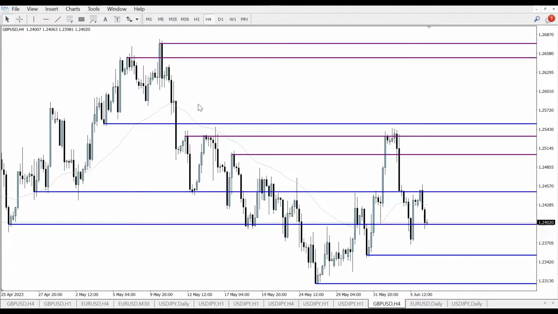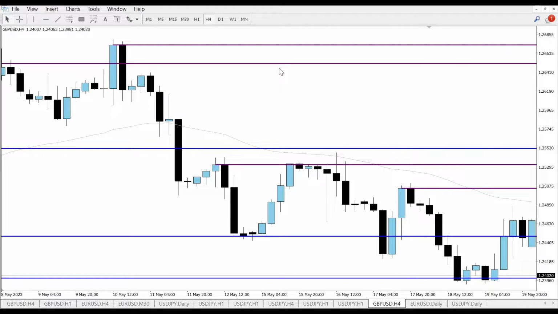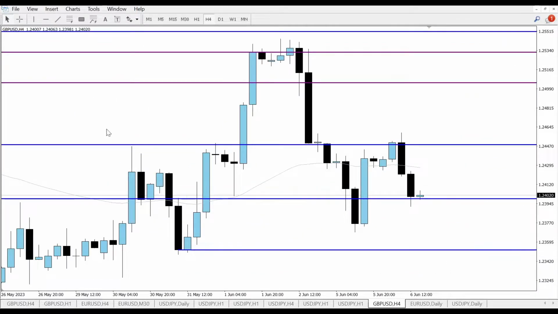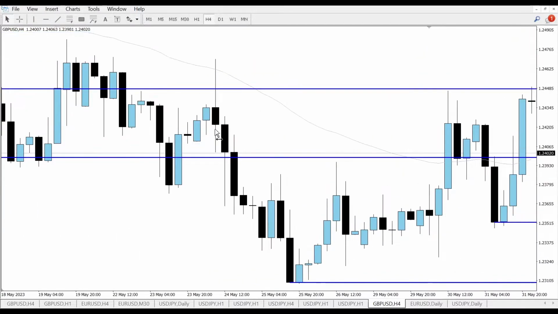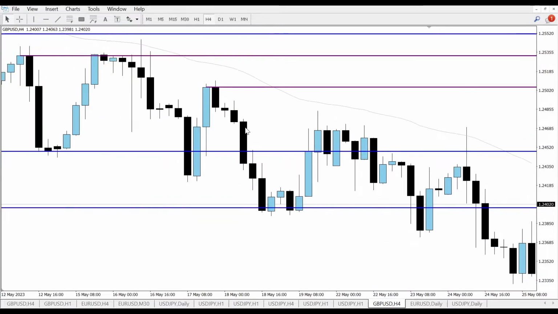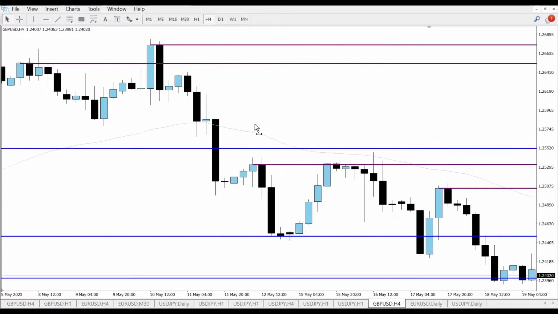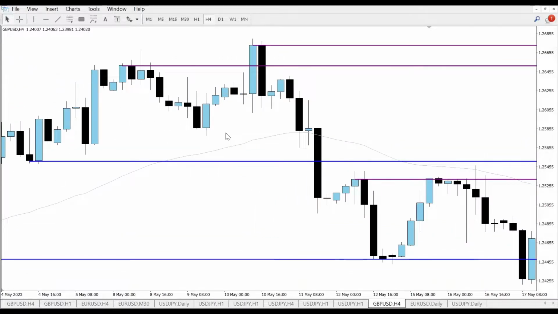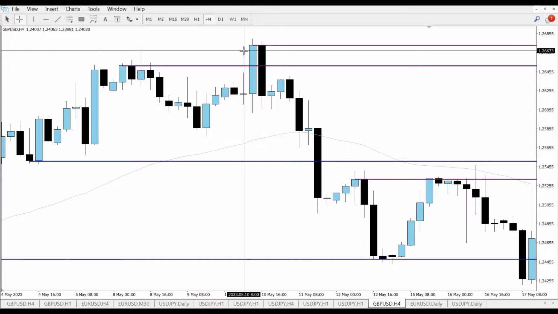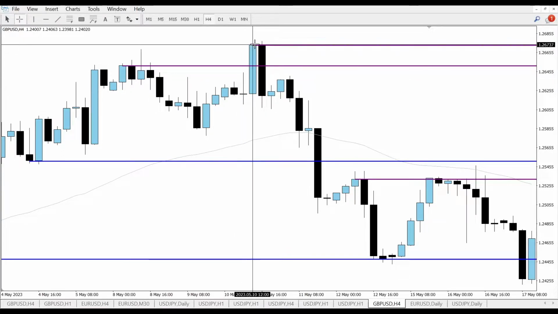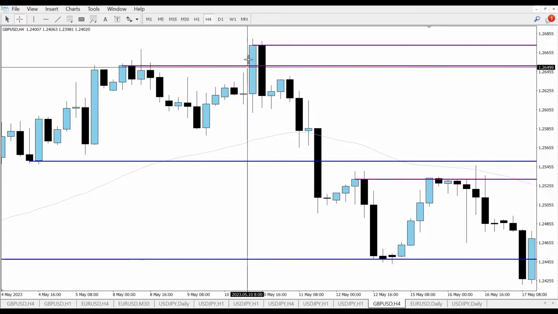So quick recap. Let's just pick a single level, and then based on the description we gave in the previous video, we can know exactly what a rejection block actually is. So here we are at this point here.